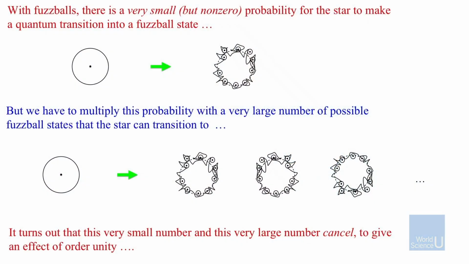There are some possibilities, but there are only 6 possibilities here. Multiplying the probability by 6 doesn't do much for me. But the number of these guys is enormously large. We just said the Bekenstein entropy is so phenomenally large that we actually can't understand it. And as it turns out, if you multiply the number of possible final things you can go to, by the very small probability of actually going to any one of them, the large number exactly cancels the small number. So that's the incredible thing which is happening.